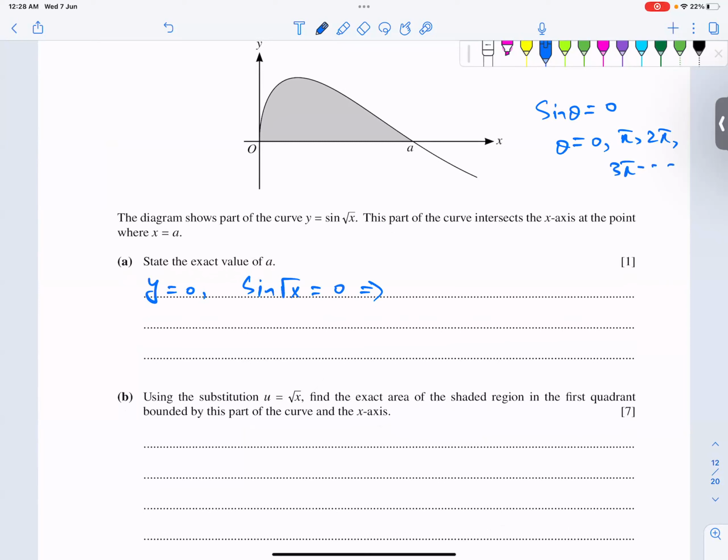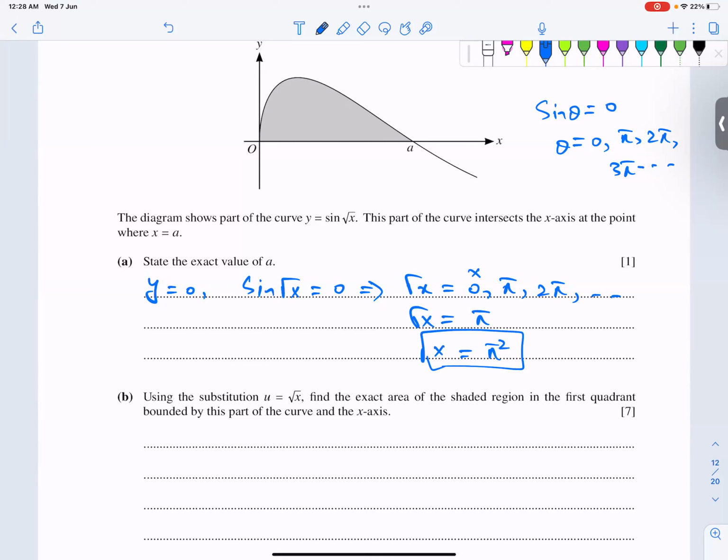Any multiple of pi, the sine of that angle will be 0. So square root x is equal to either 0 or pi or 2 pi or so on. Okay, but it cannot be 0. So square root x is equal to pi, so x will be pi square.